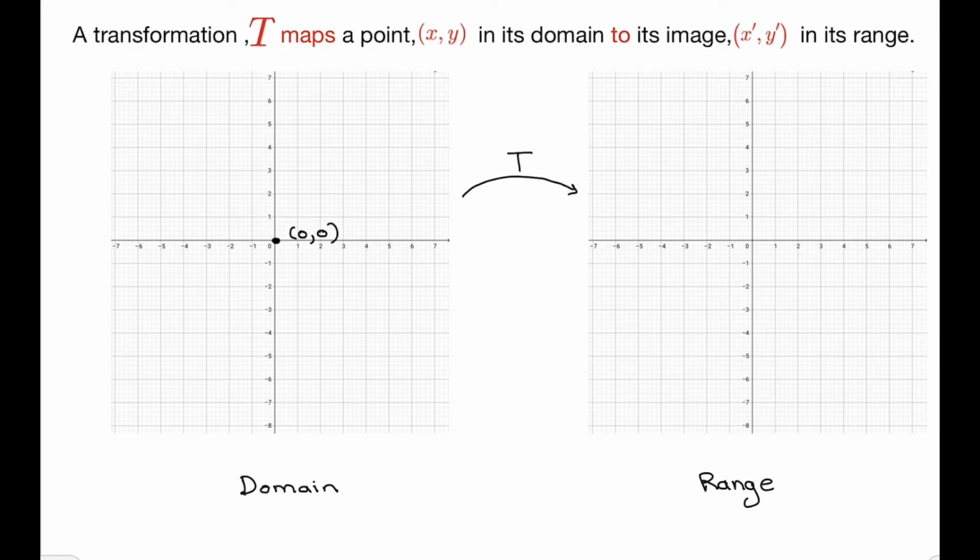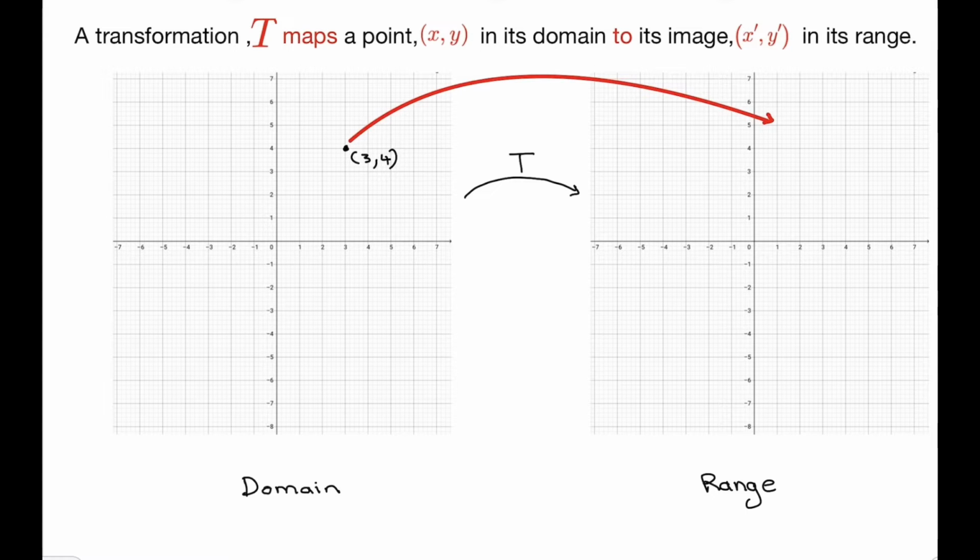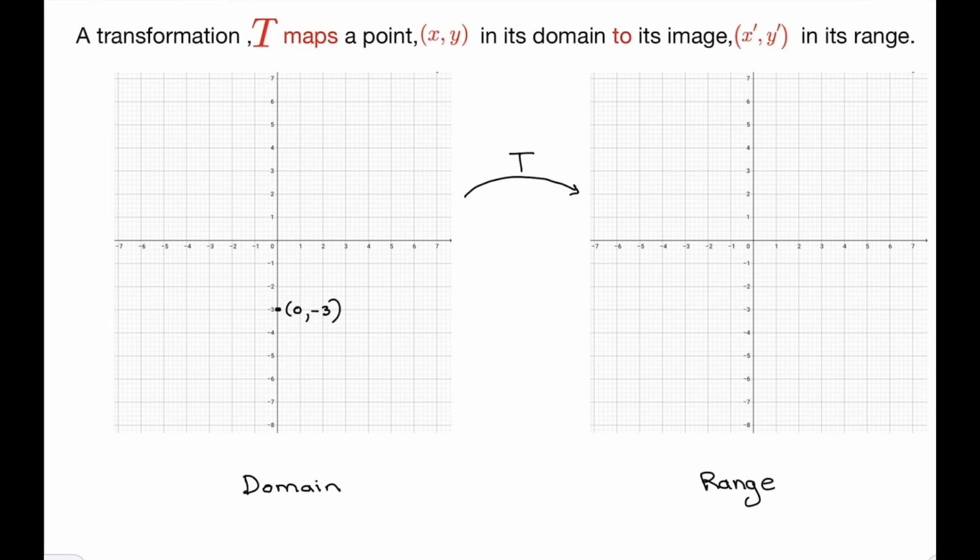Consider the transformation that maps (0, 0) to its image, (-2, 1). And (3, 4) to its image, (1, 5). And (0, -3) to its image, (-2, -2).